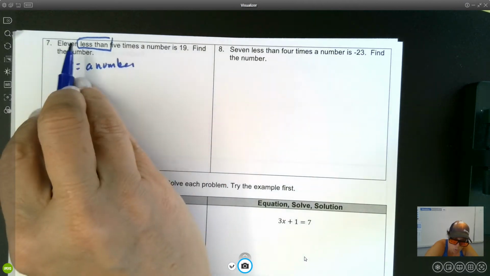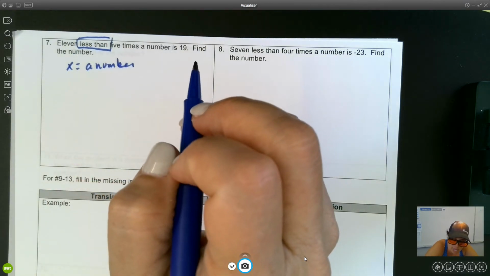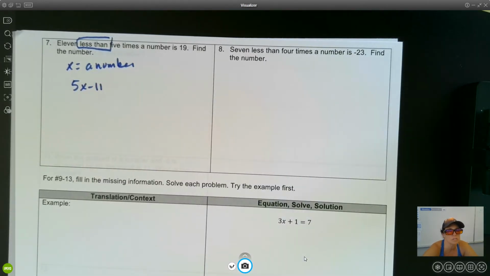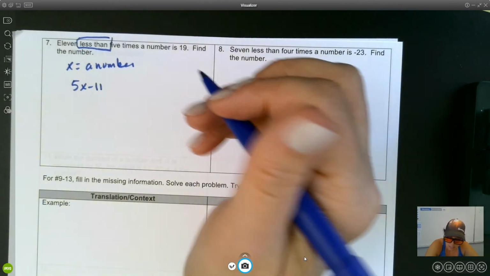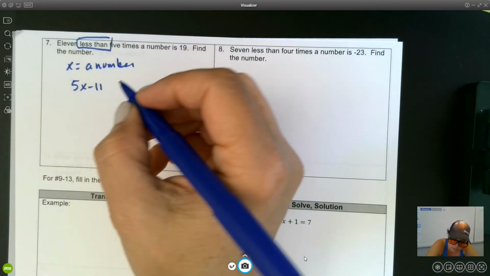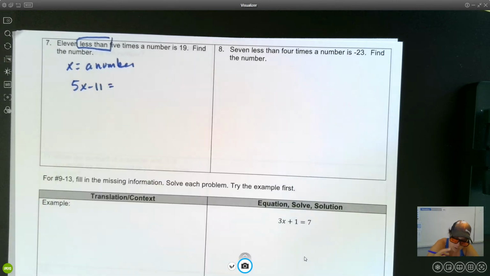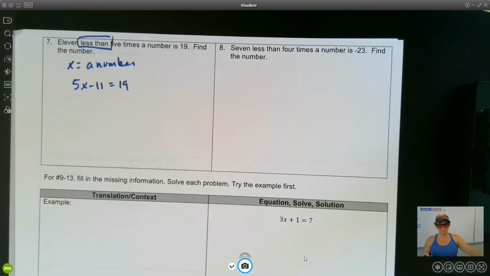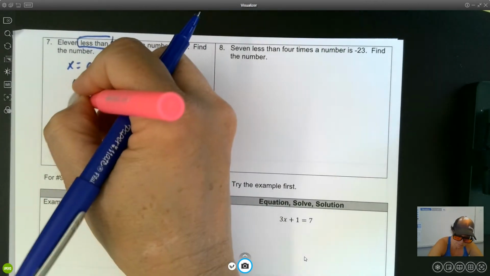So we're going to switch the order around with this 11 and 5x. It must be in that order. Remember the words less than flip around. Per our discussion above on that last problem, several problems ago, is 19. So there's our equation. Add the 11.